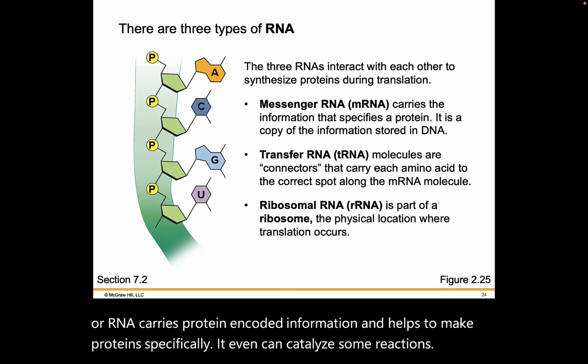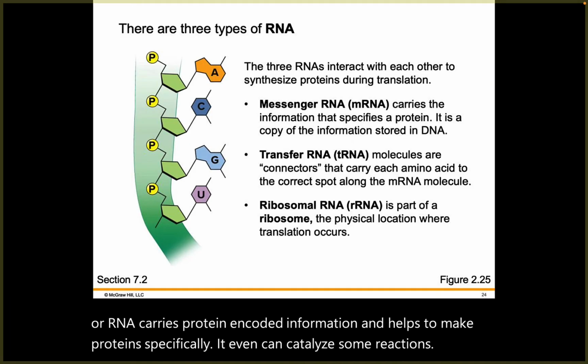So there are 3 types of RNA. We have messenger RNA, which is when we look at the central dogma, that's where we go DNA to RNA. Transfer RNA is going to be what helps to make RNA to protein. So it's going to be what actually helps carry the amino acids to make the protein.